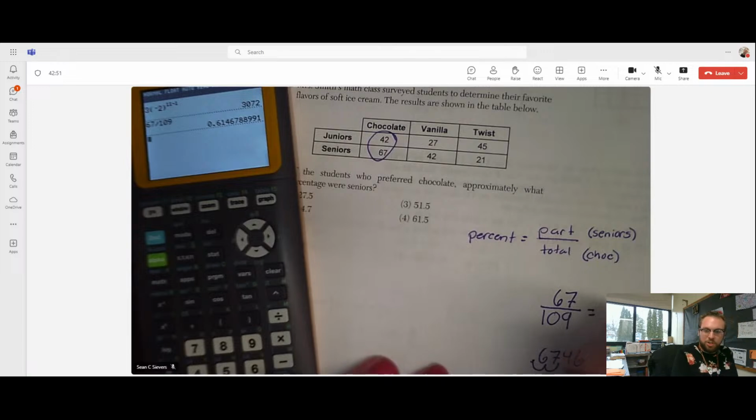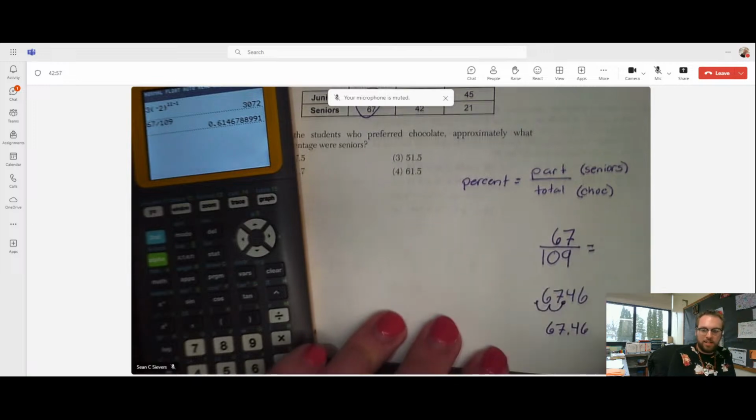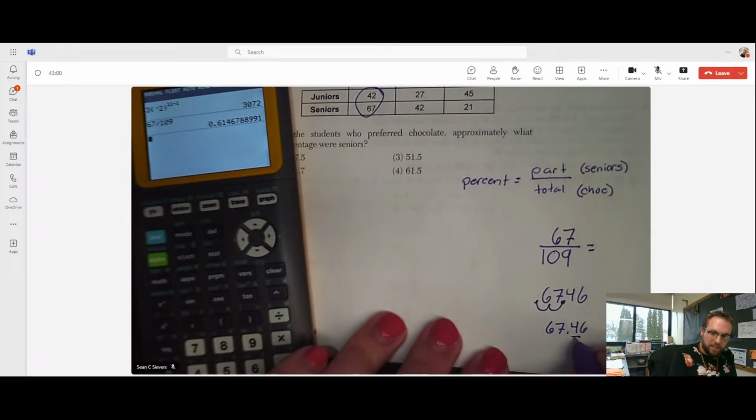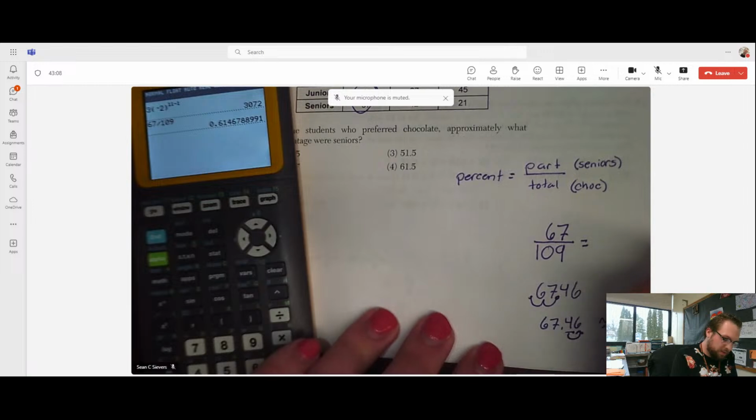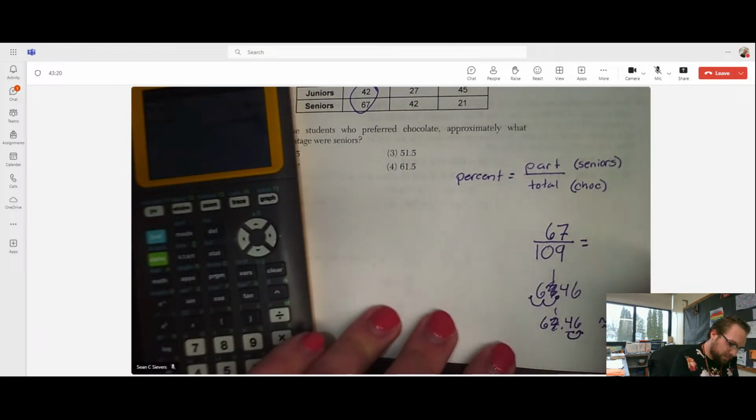If I move my decimal 2 places to the right, now I really have 67.46, but I want to round to the nearest tenth. So looking at this 6, since it's 5 or above, it's going to tell us the 4, it's going to give it a shove, and it's going to go up to 5. So you have about 61, sorry, this should say 61, not 67. So then 61.5.